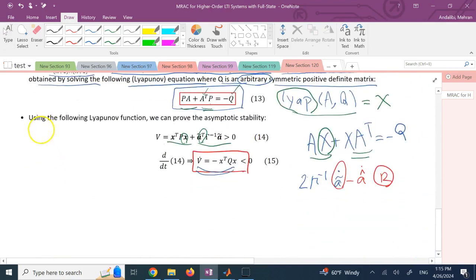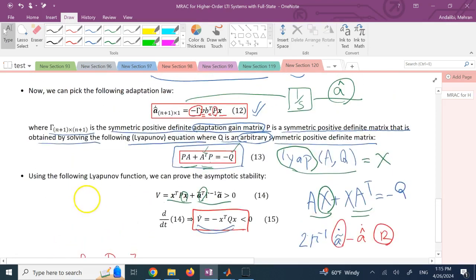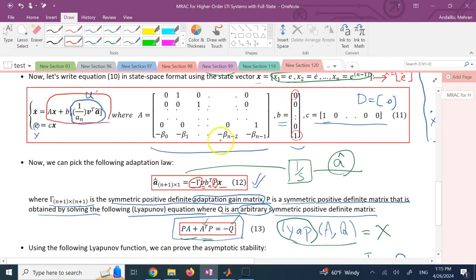And for P, I need this equation 13. And remember, P is a positive definite, symmetric matrix. So I can write it as P11, P12, P12, and P22. These two elements are the same because it's symmetric. Now, if you multiply it by A, what is A in this case? A is this format.